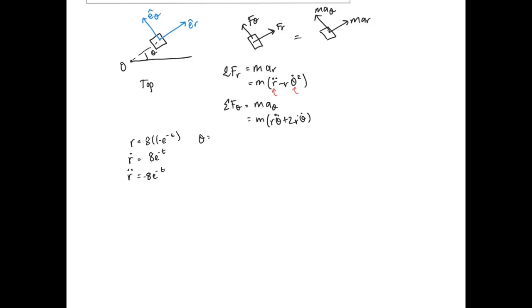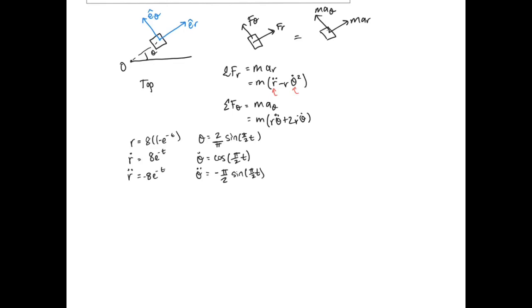Theta is equal to 2 over pi sine of pi over 2 t. So theta dot is equal to the derivative of that, which would be cos of pi over 2 t. And then theta double dot would be equal to the derivative of this, which is negative pi over 2 sine of pi over 2 t.